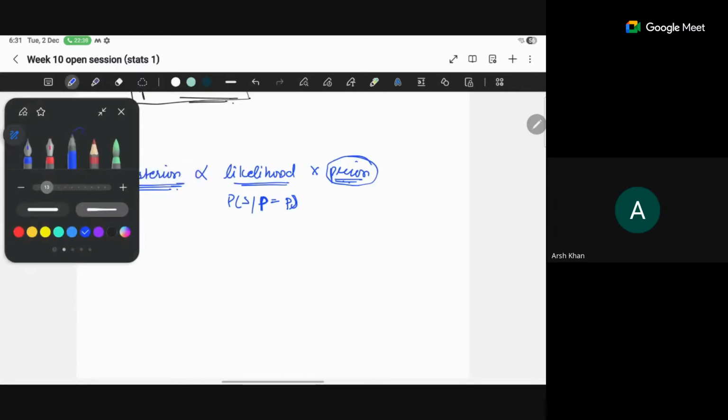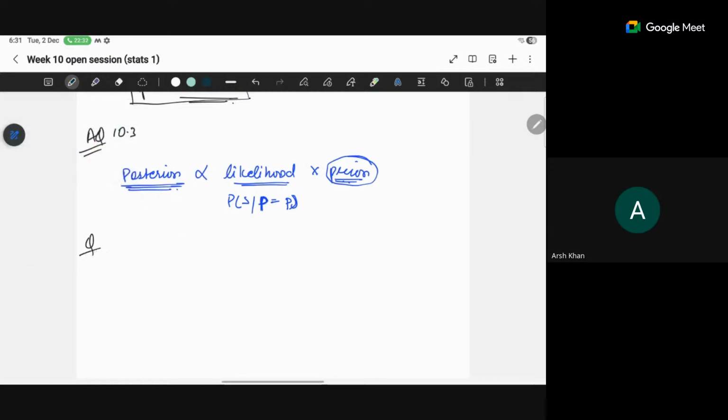If you see here in the question, what all have we been given? X is a discrete random variable taking the 3 values 0, 1, and 2. We have the probabilities as well, which are P by 3, then 1 minus P, then 2P by 3. It is also given that my P value is going from 0 to 1.